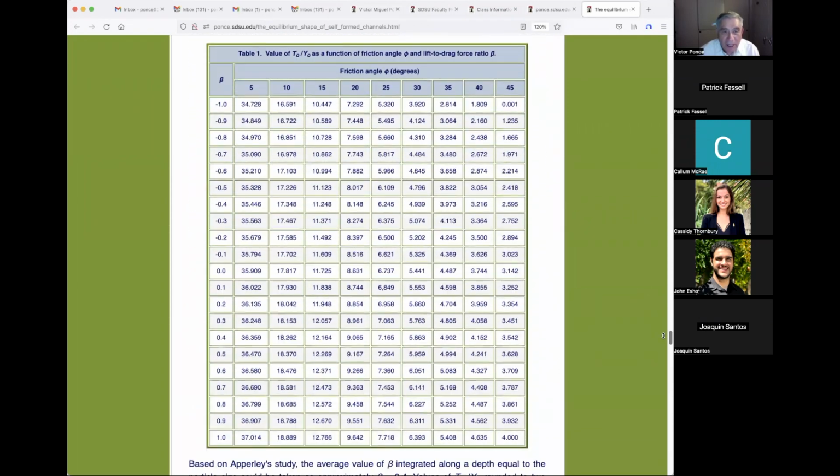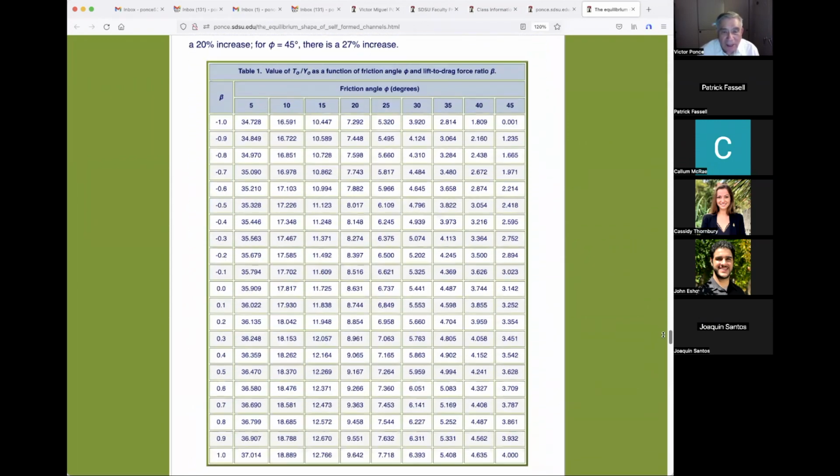And we finally figured out the equation that Lane presented, and just for illustrative purposes we vary the beta from -1 to +1, but the actual typical value appears to be 0.4, according to the studies of Apperly. So for 45 degrees, we have a width to depth of 3.5. 45 degrees is the highest number.